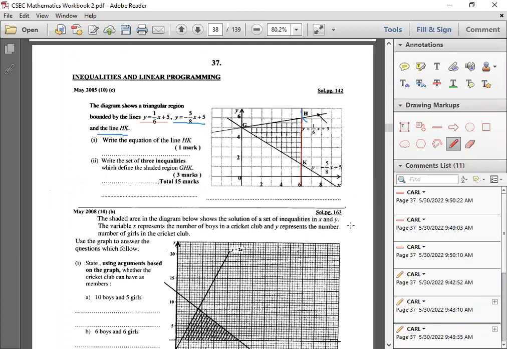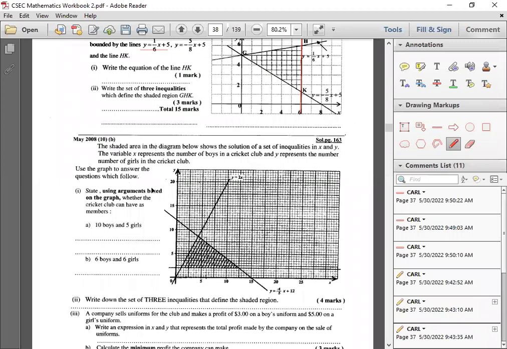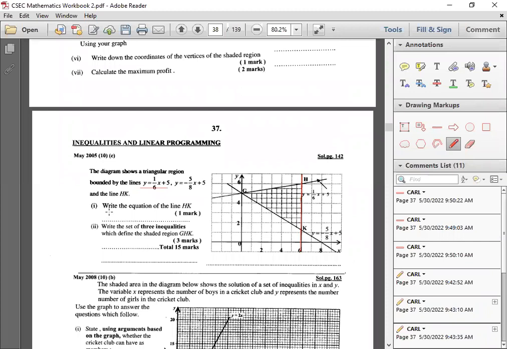And they ask us for the equation there. What would be the equation of that line? The equation of this line would be, it's a horizontal line. So the horizontal line must begin with x. So the equation is x equals, it runs through 6. So x equals 6.